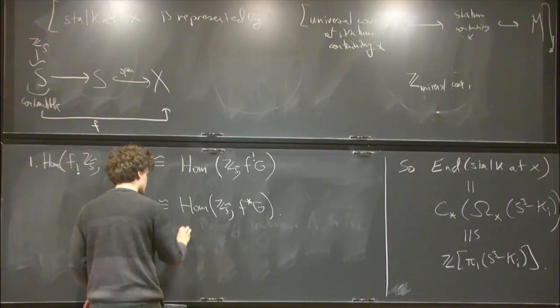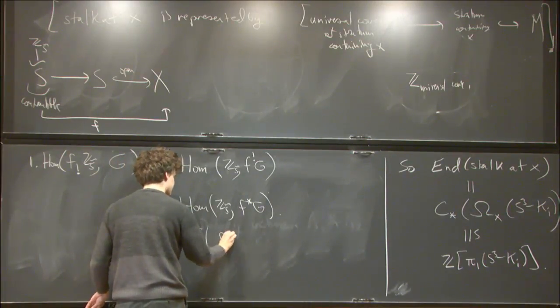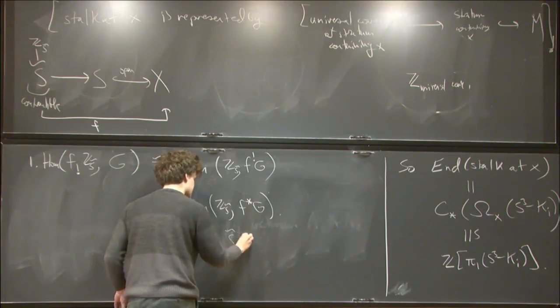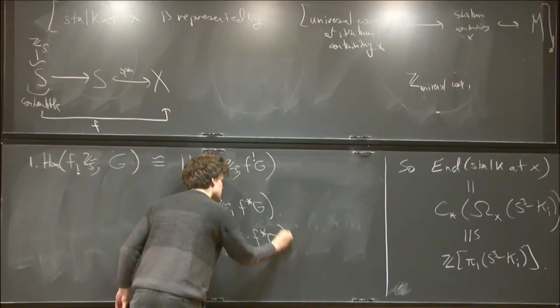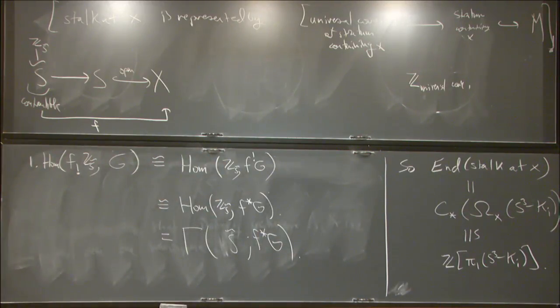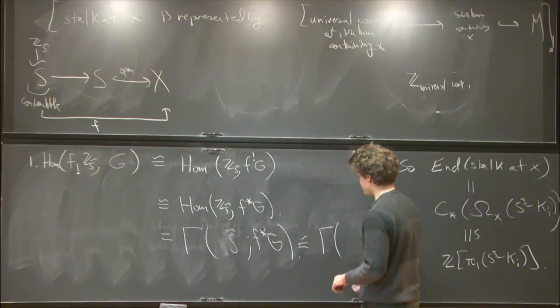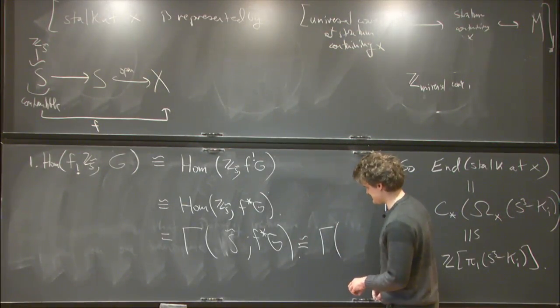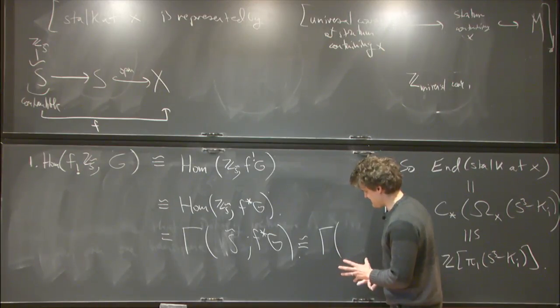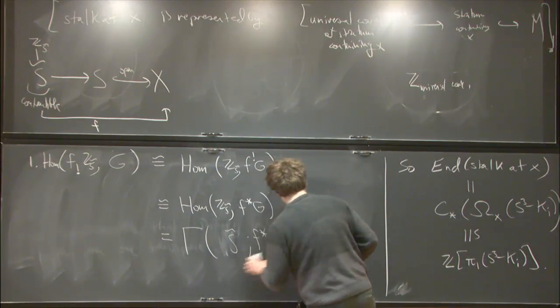So this is global sections of S tilde with coefficients in this sheaf F upper star of G. And S tilde being contractible and F upper star G being locally constant on S tilde, this is isomorphic to any stalk.